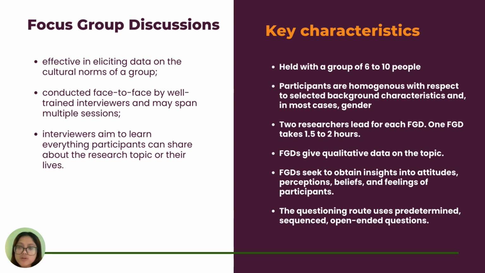Two researchers usually lead the discussion, which lasts about 1.5 to 2 hours. Instead of finding solutions or making decisions, FGDs aim to gather qualitative insights on a topic. They're all about understanding people's attitudes, beliefs, and feelings. Questions are open ended, designed to encourage discussion and sharing.